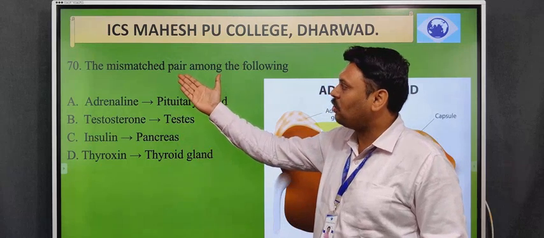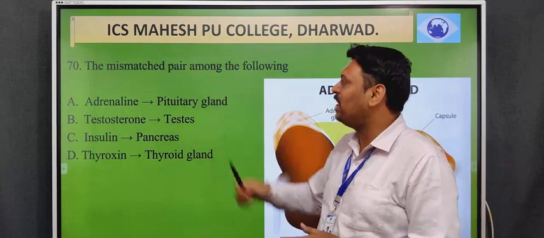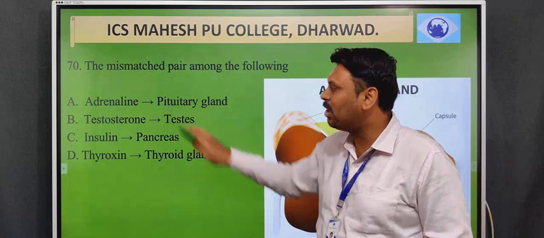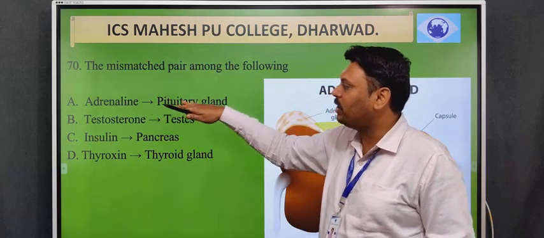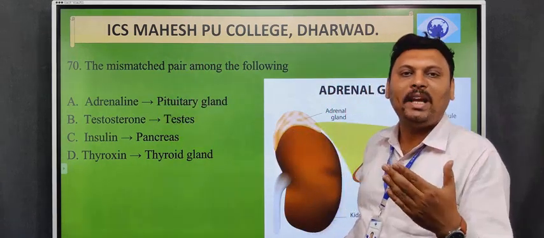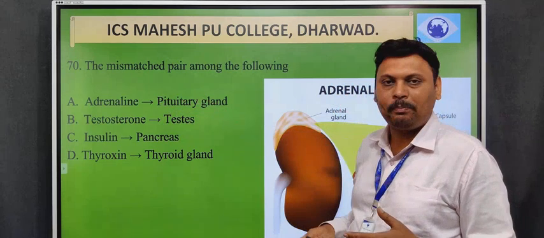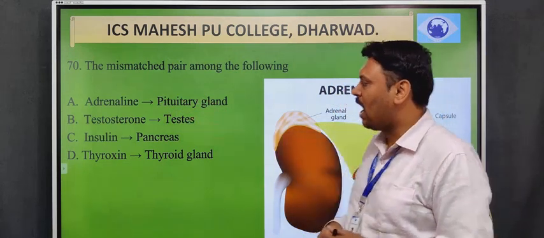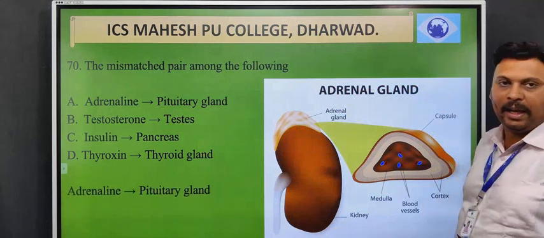We are asked to find the mismatch, and the mismatch is adrenaline being paired with the pituitary gland. So we have to mark the answer as option A.